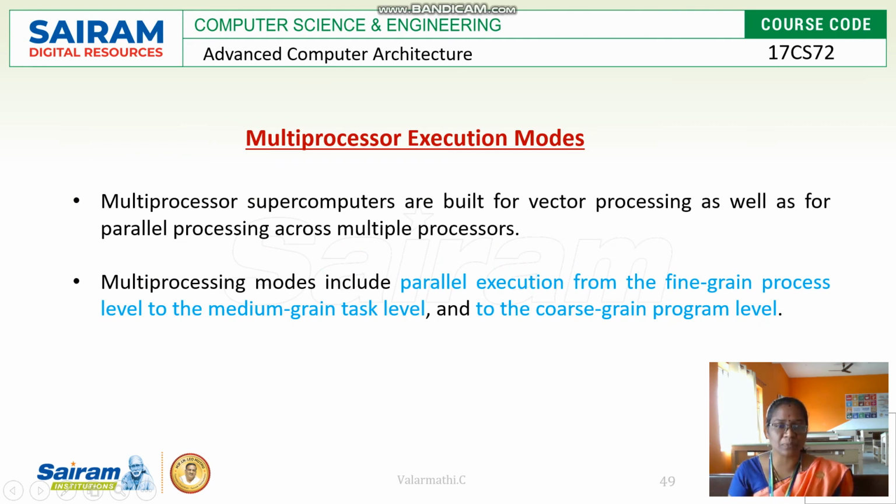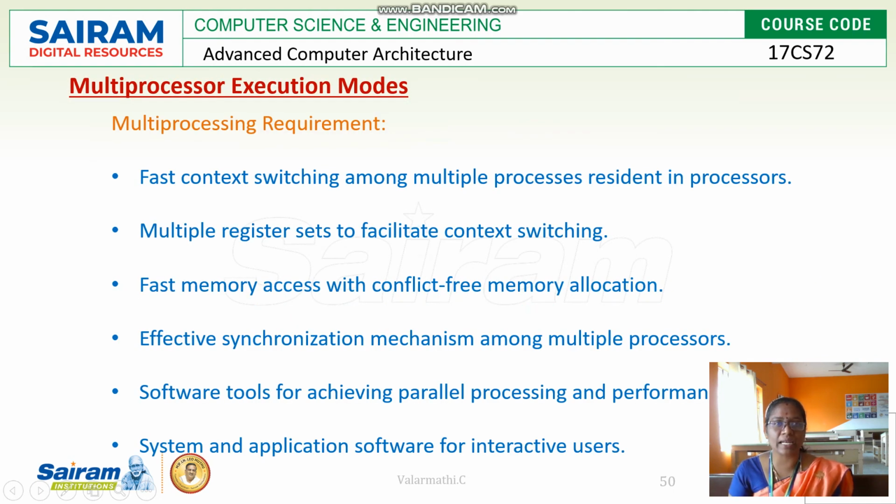Multiprocessing includes the execution of a process moving from medium grain size to coarse grain size program level. What requirements are needed for multiprocessor execution? Those are already known concepts.